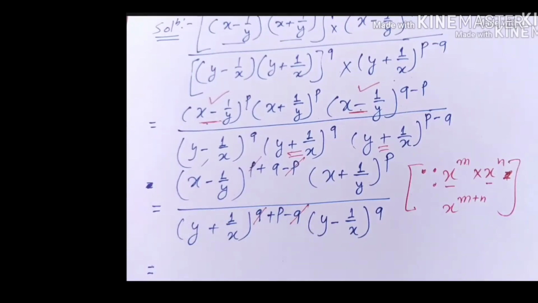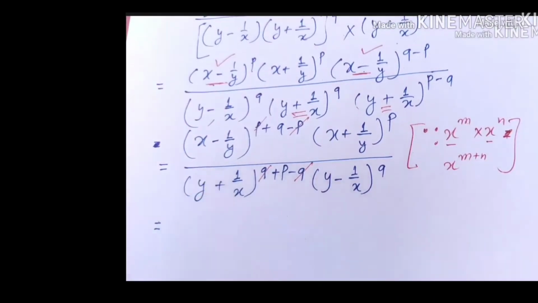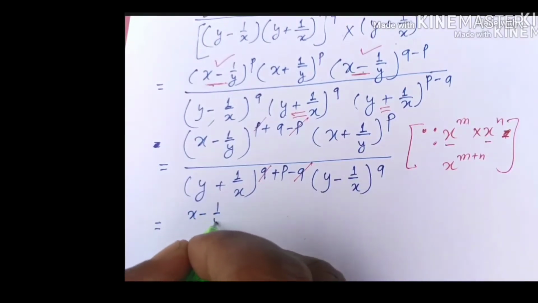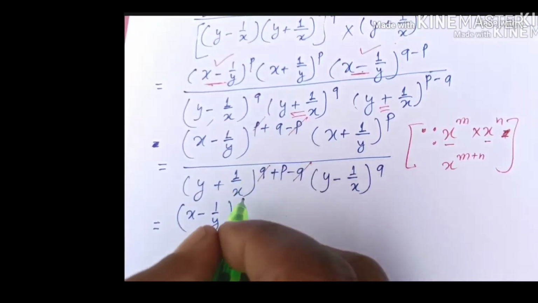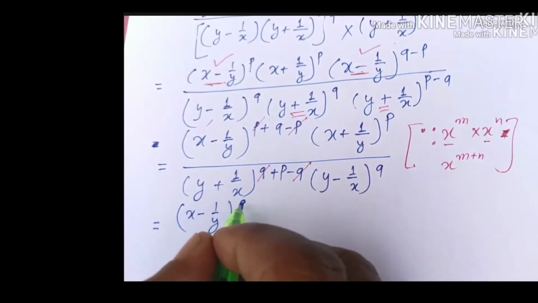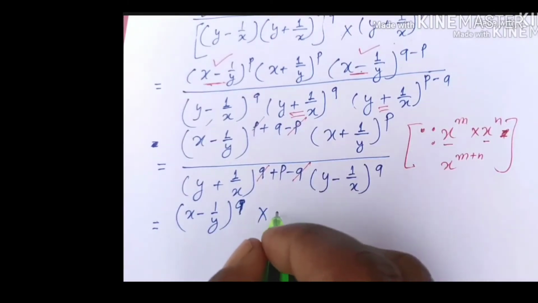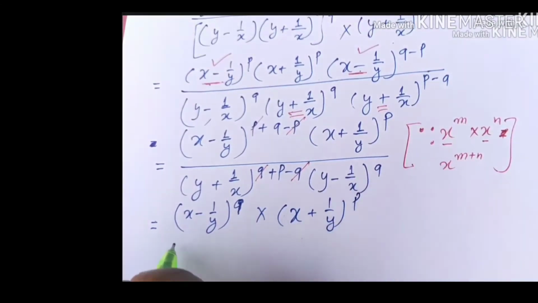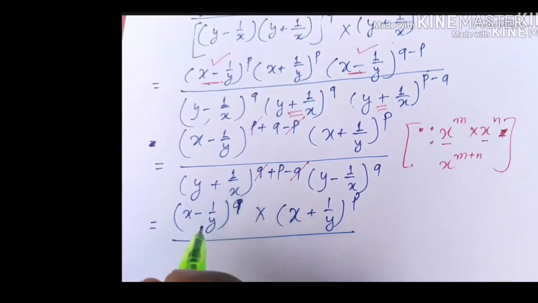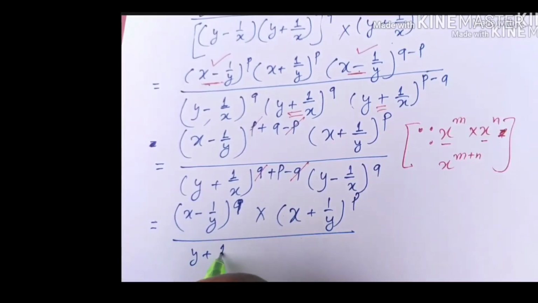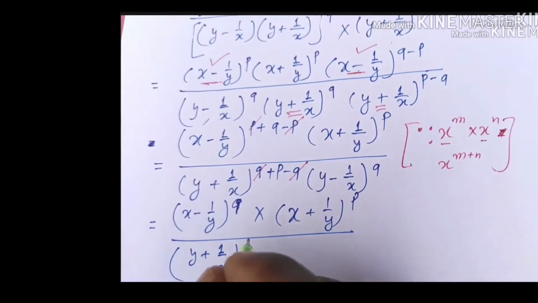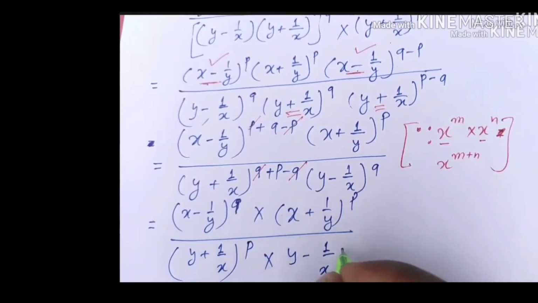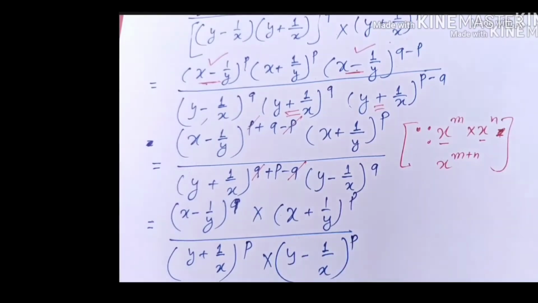And now you can see that this is (x − 1/y)^q times (x + 1/y)^p, and now you can see again here (y + 1/x)^p times (y − 1/x)^p.